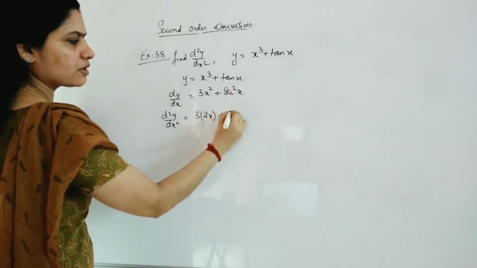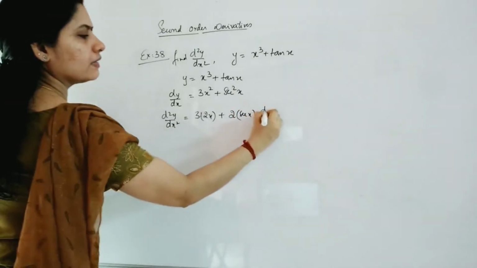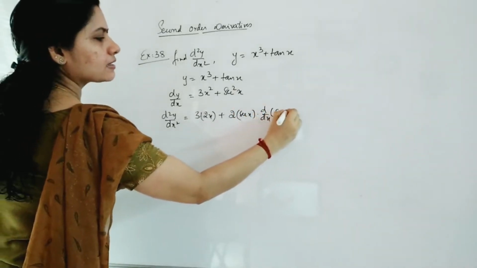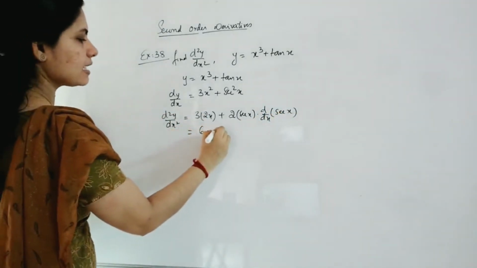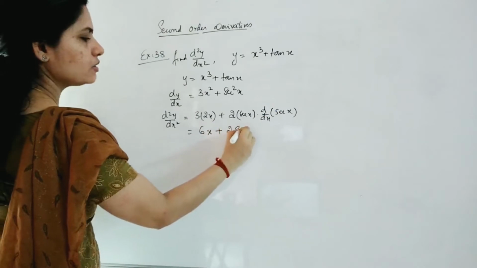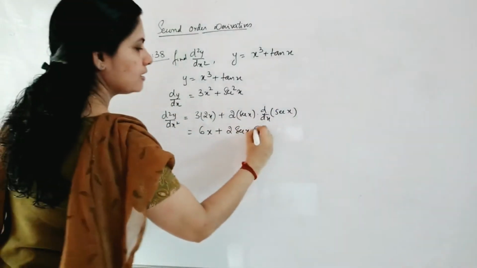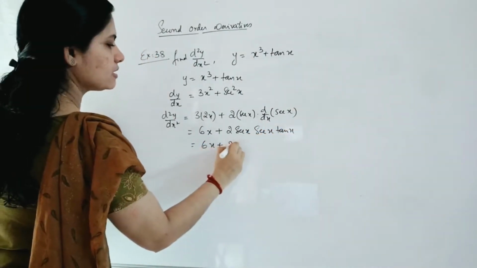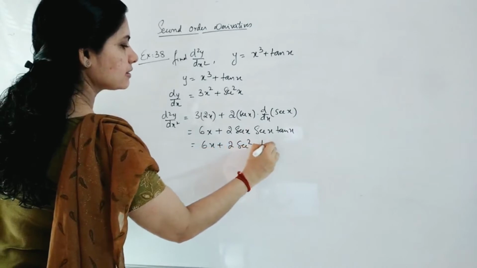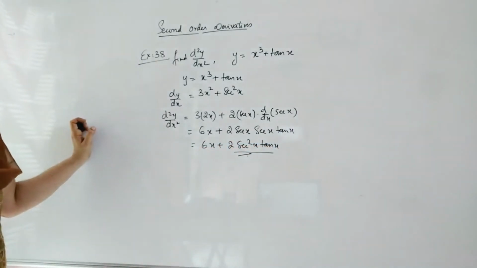So that something the whole square will give you 2 into that something, which is sec x here, and the derivative of sec x. So you will get 6x plus 2 sec x into, what is the derivative of sec x? Sec x tan x. So you get 6x plus 2 sec square x tan x. Clear?